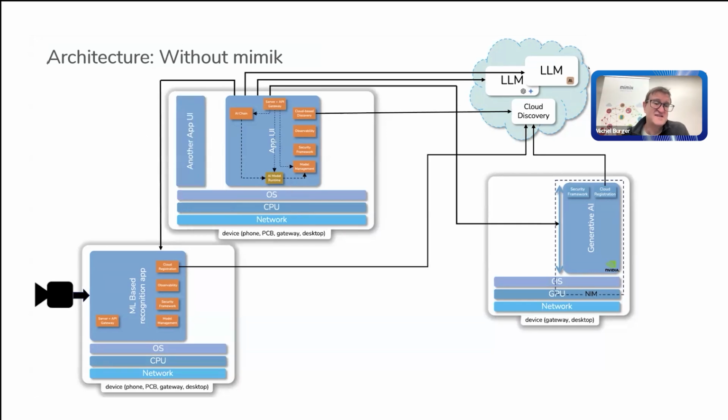And even worse, if you now have another app on the same device, this other app will not even be able to interrogate the existing services because they are completely embedded in the previous app, which means that you will have to redo everything from scratch. So that's basically what's happening if you do AGI without Mimic. You create huge monoliths which are generally not sustainable and very complex to develop.